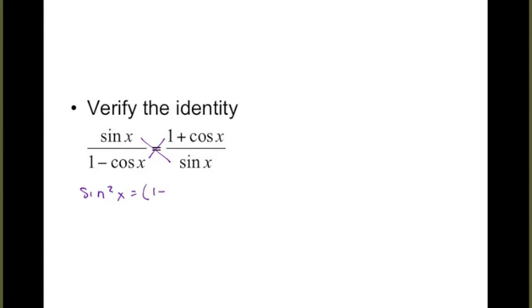When we multiply those other two things, they have parts to them. When we multiply things with parts, we need to distribute or FOIL. So pass out the 1, and I get 1 plus cosine x.